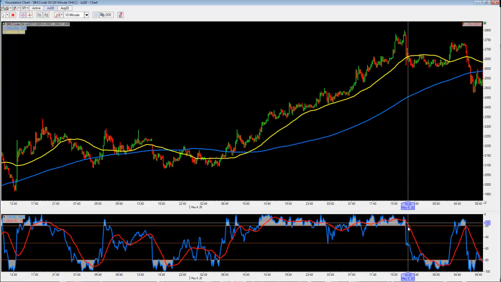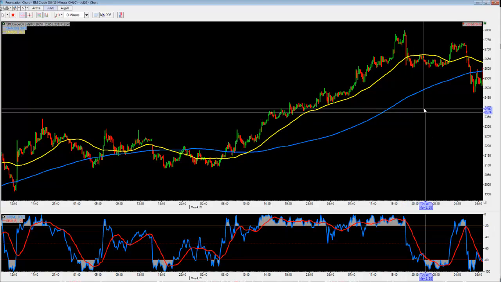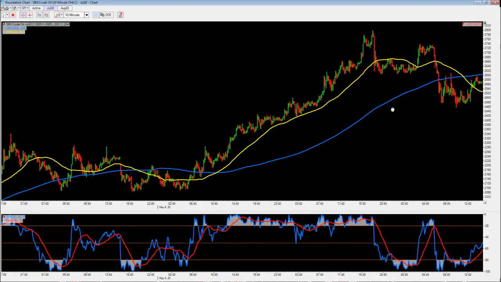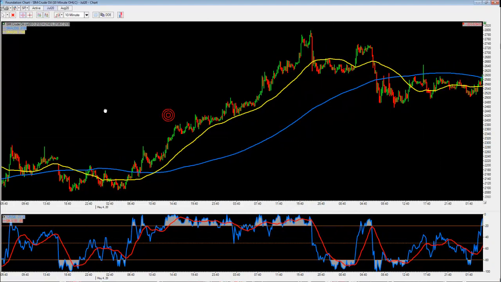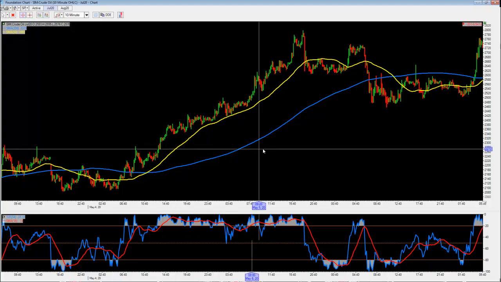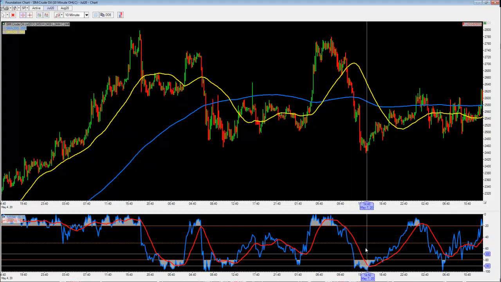Now here's a nice little setup right here to short. See all this right here? Another nice little short right here.